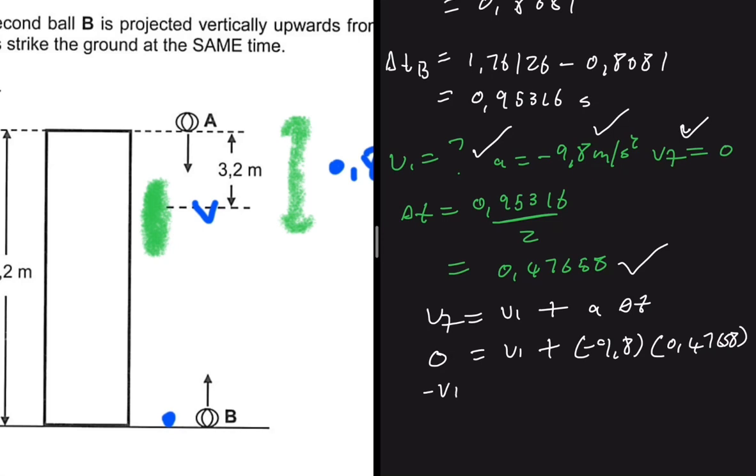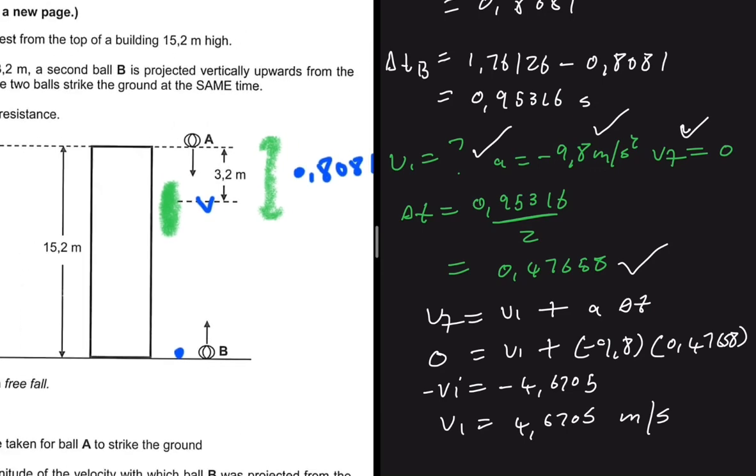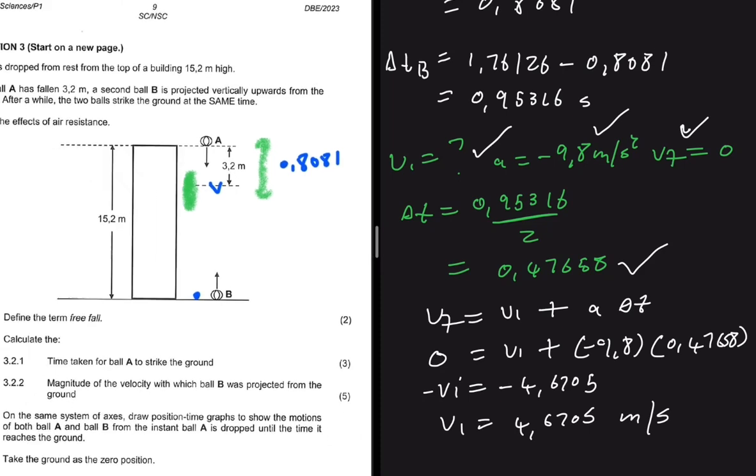So minus Vi is going to be equal to minus 9.8 multiplied by 0.47658. Right, so I get minus Vi being equal to minus 4.6705, and then Vi is equal to 4.6705 meters per second. Right, that is the initial velocity with which ball B is projected upwards.